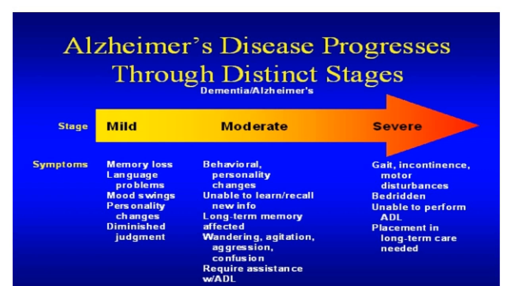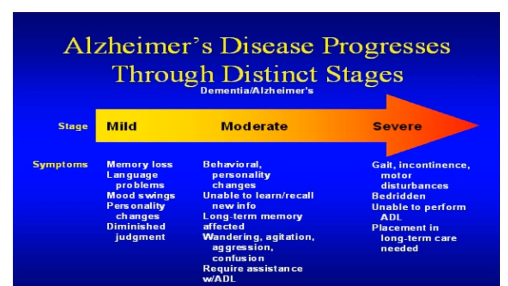The patient is unable to learn or recall, that is long-term memory is lost. The patient keeps on moving, is always agitated, always aggressive, appears to be in confusion, and always requires medical or healthcare assistance.